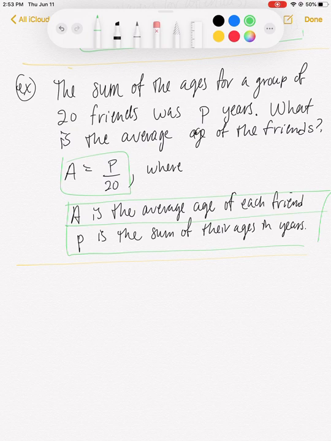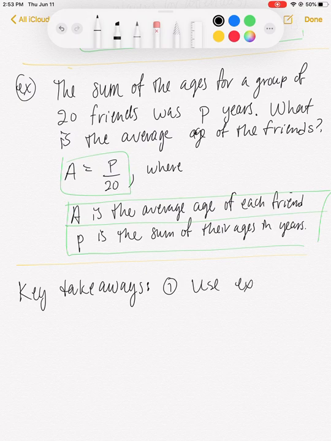Okay. So let's go over some key takeaways from this lesson. First one, you want to use example numbers to help set up equations to make sure you have them right.